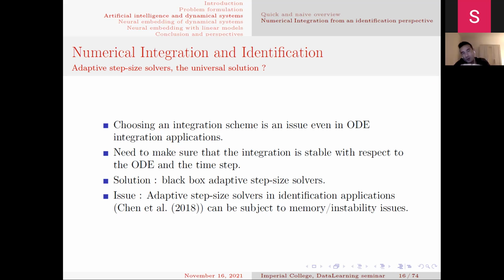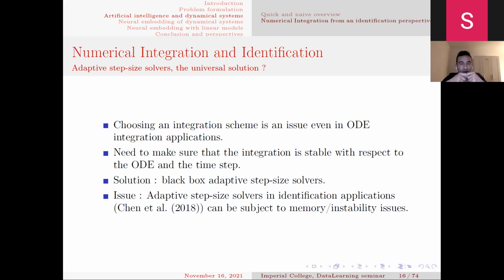Now, the issue with using adaptive step size solvers in identification applications is that we need to compute the backward pass of the adaptive step size solver. And if you use classical residual neural network techniques in order to compute this backward pass, we will need to store every single evaluation of the approximate ODE, which can lead to memory blowups.